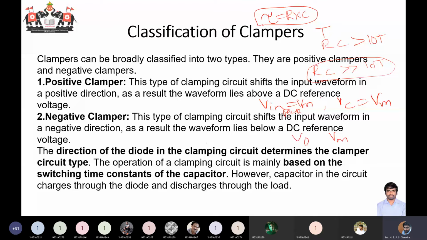Your V output can be V input plus Vm, or V0 can be V input minus Vm, because the capacitor voltage will remain constant throughout your circuit operation. If it is plus Vm, your output voltage will be raised by Vm volts. If the connections are such that it is going to reduce, then your output voltage will be reduced by Vm.